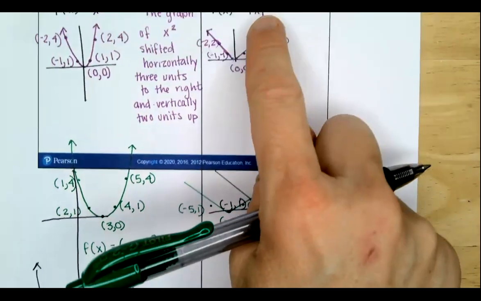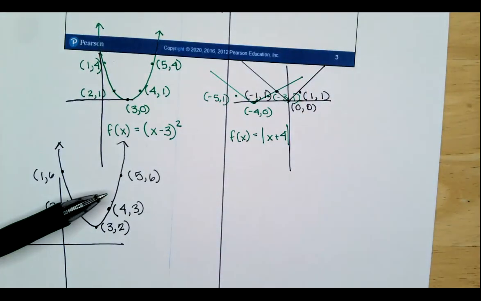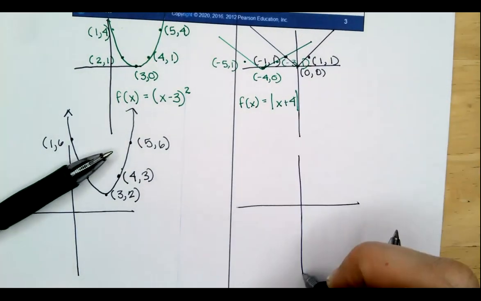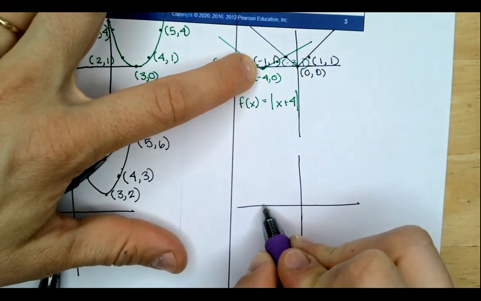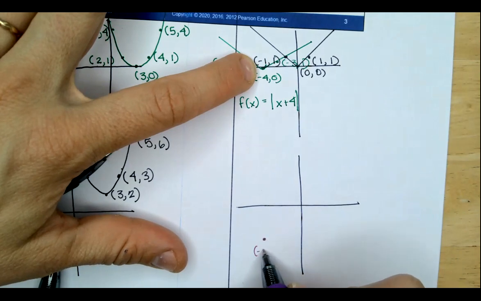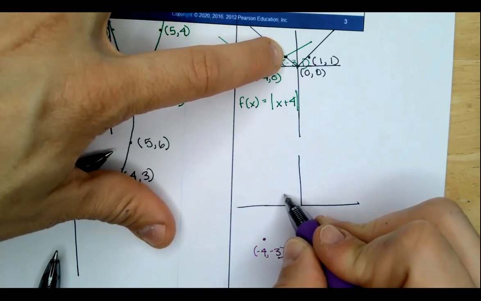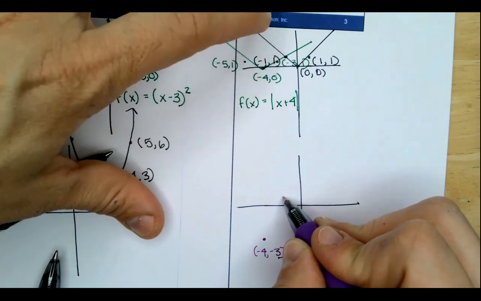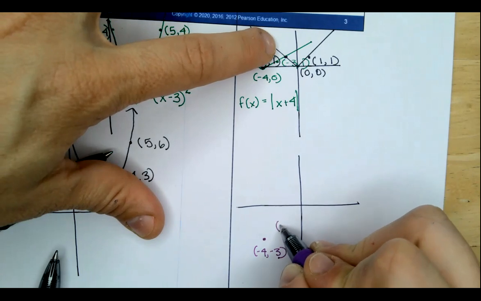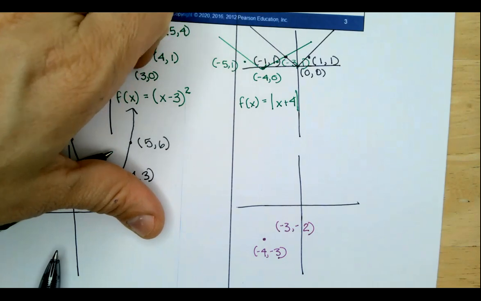Now, subtract 3. So subtract 3 means we're going to go down. When I had -4, 0, I'm now going to go down 3 and call it -4, -3. -3, 1. Up here, we're going to go down 3. So that's going to be -3, -2, because 1 minus 3 is -2.